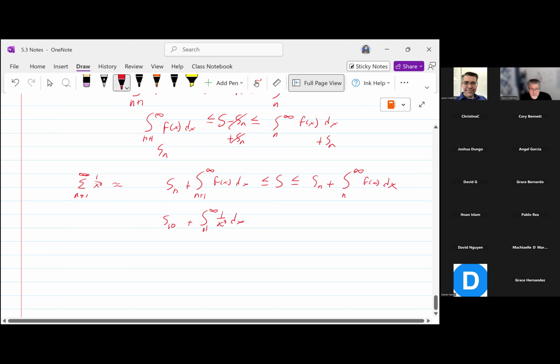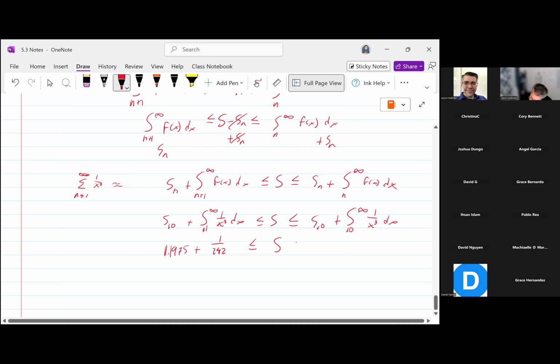We would just have to plug in 11 instead of 10 at the very end there, and that would be 1 over 242, instead of 1 over 200. So this is 1.1975 plus that thing is less than or equal to s, which is less than or equal to s sub 10 plus the integral we found, 0.005 or 1 over 200, from 10 to infinity of 1 over x cubed dx.